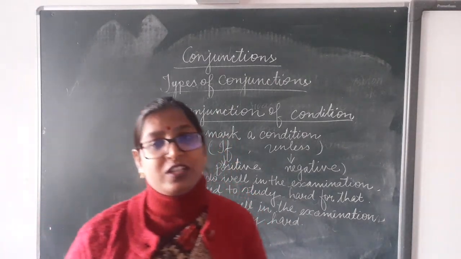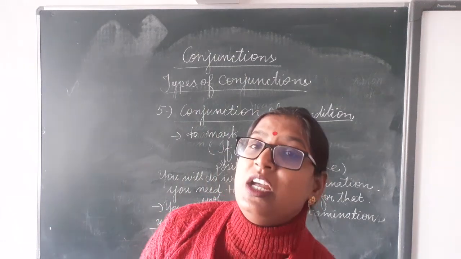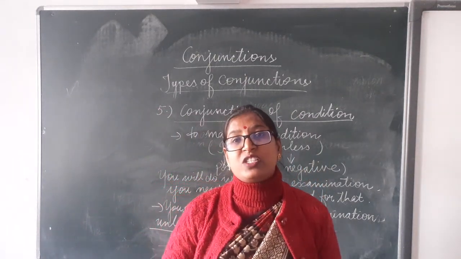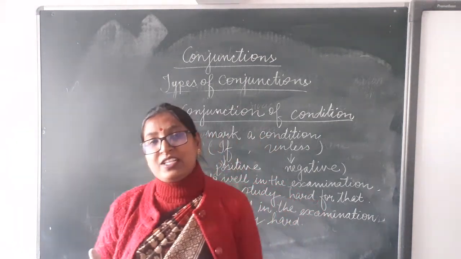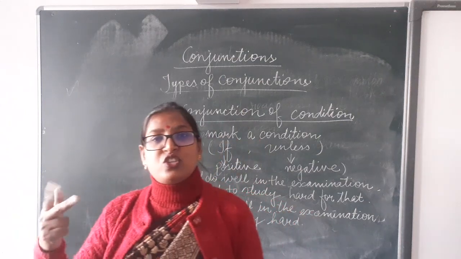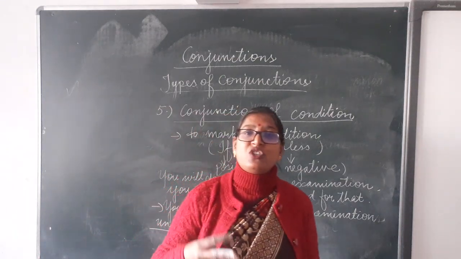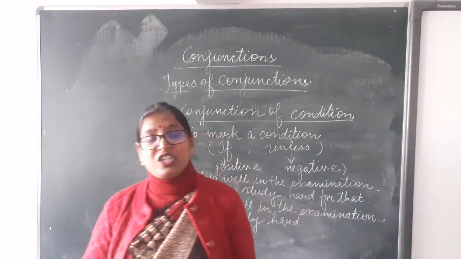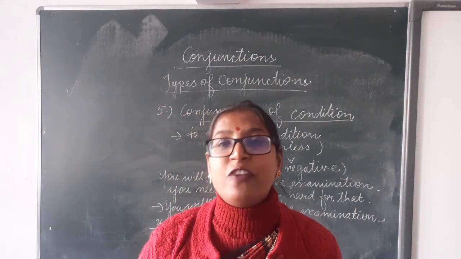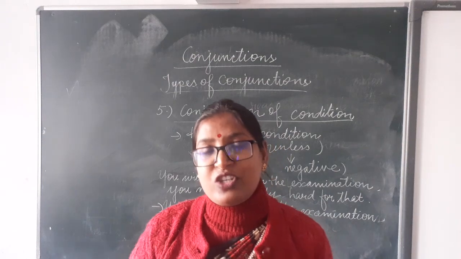So dear children, all these are the different kinds of conjunctions. First one is the conjunction of addition, conjunction of contrast, conjunction of choice, conjunction of reasoning and logical deduction, and the fifth one is conjunction of condition.